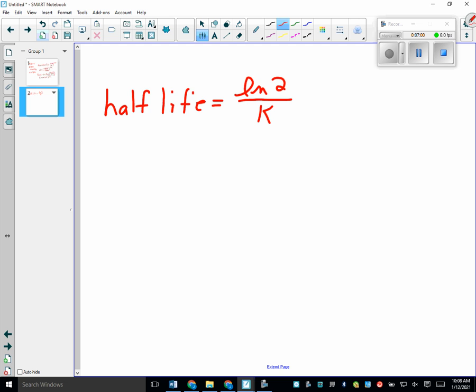It's the constant of which things are decaying. All right? What is decaying? The rate. So it's just a constant showing its rate of decay, basically.